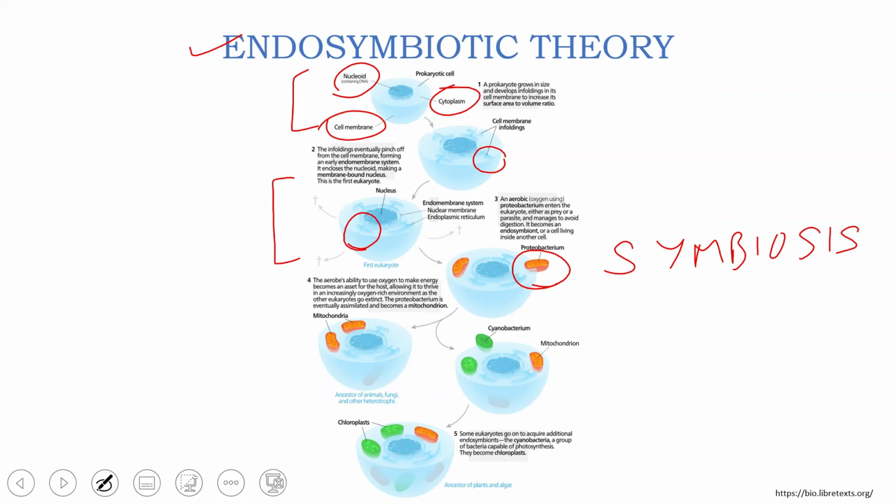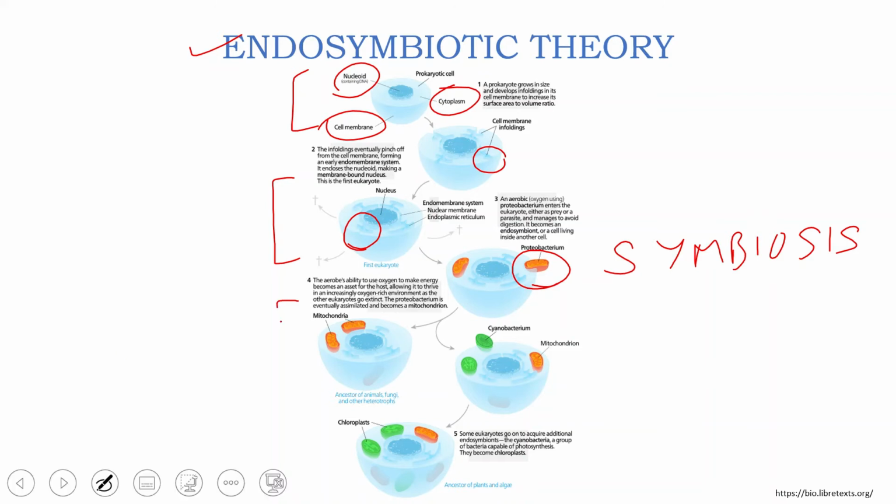stay to the proteobacterium. Now further, this proteobacterium manages to avoid digestion by the eukaryotic cell, and it continues to live inside this cell. Now, the aerobe's ability to use oxygen to make energy becomes an asset for the host, allowing it to thrive in an increasingly oxygen-rich environment as the other eukaryotes go extinct.